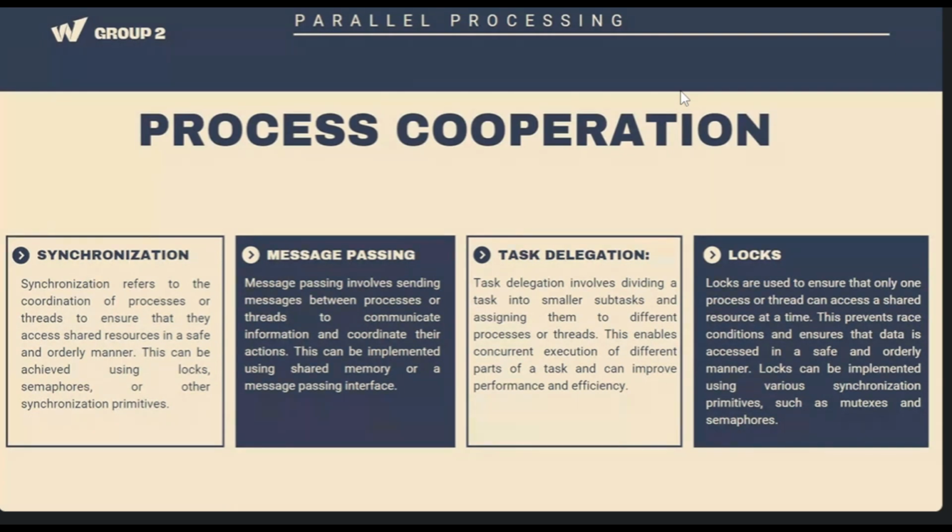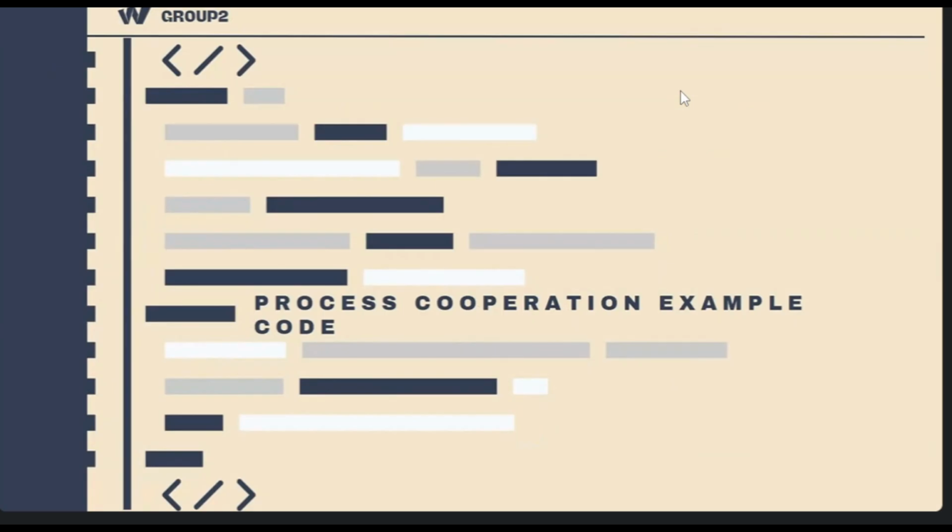Then the third one is task delegation, which involves dividing a task into smaller subtasks and assigning them to different processes or threads, which enables concurrent execution of different parts of a task and can improve performance and efficiency. So lastly, locks. So these are used to ensure that only one process or thread can access a shared resource at a time. So now for the last and concluding topic, let's have Mr. Ray Alfante to explain the code.